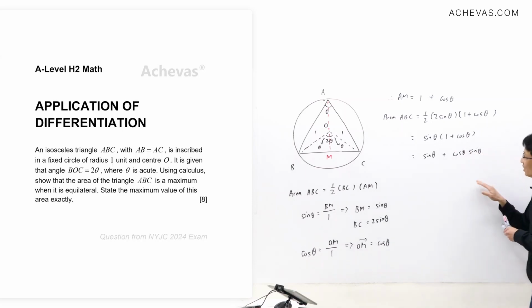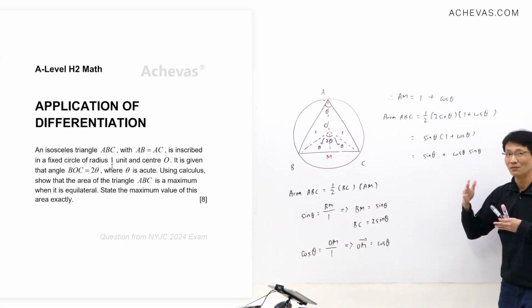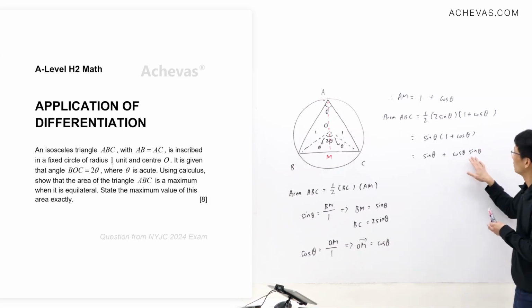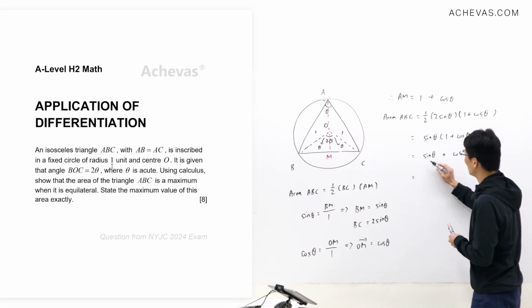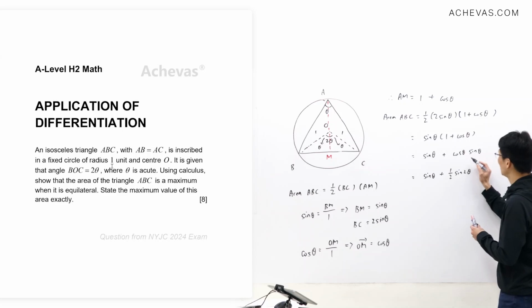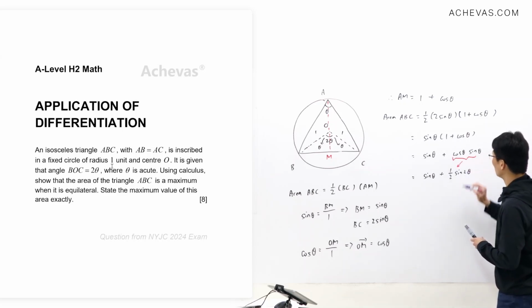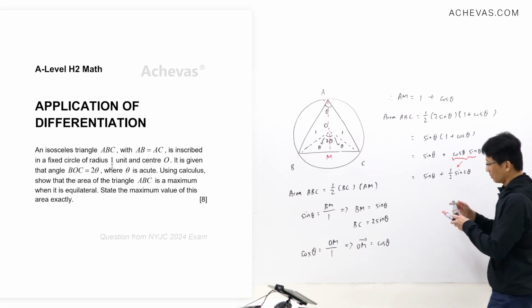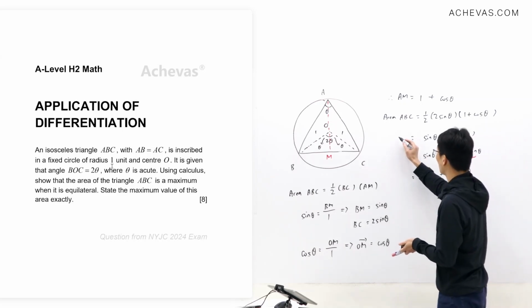We can actually keep it this way, but I think it will be slightly easier if we do a conversion of this form because we'll be doing a differentiation later. If we keep this form, we'll be using product differentiation, which might be slightly more complicated. So my suggestion is to change this into half sine 2 theta, using the double angle formula. Maybe we can call the area of triangle S.